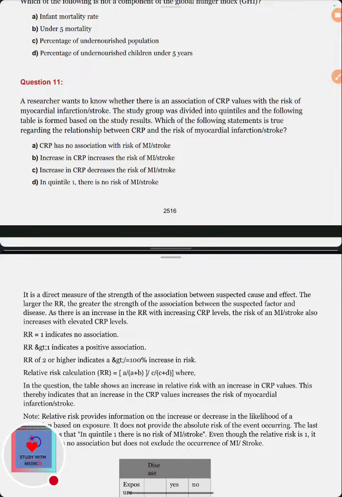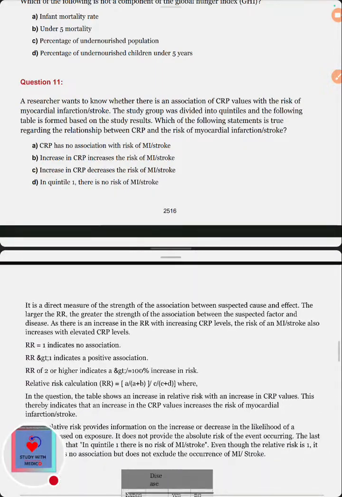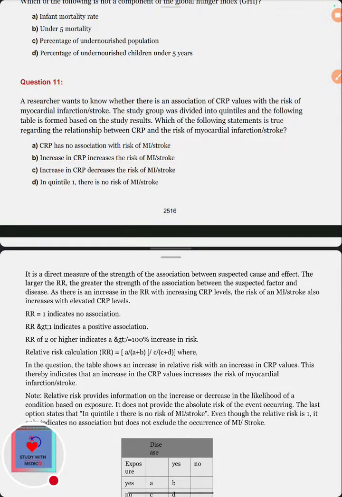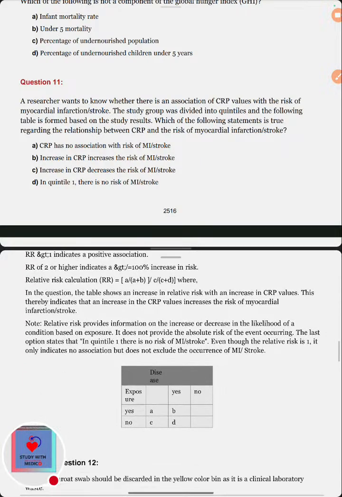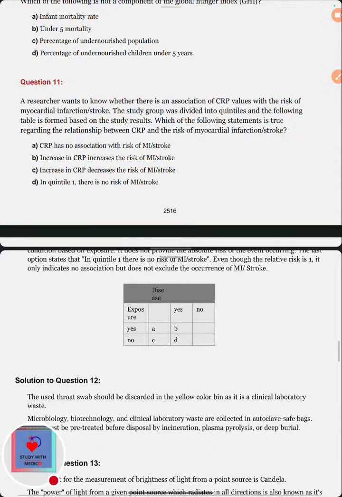If it is greater than 1, it indicates a positive association, with an increase in risk. So according to it, there is an increase in risk with increase in CRP.